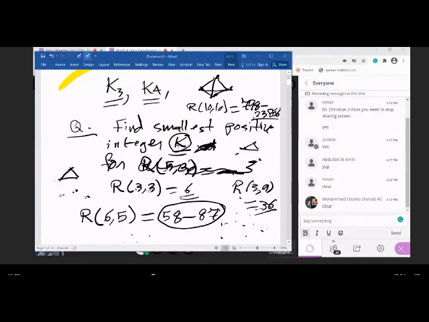Even with all the machines we have and all the fancy tools, this number is still not confirmed. R(10,10) is a number between 798 and 23,556. Isn't that amazing?